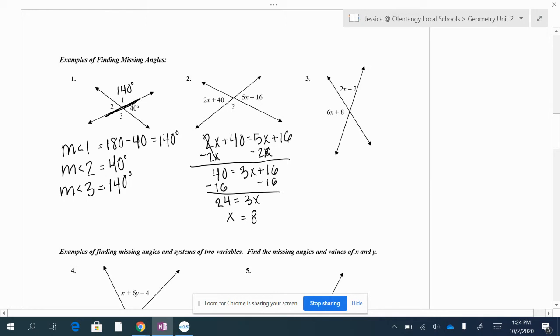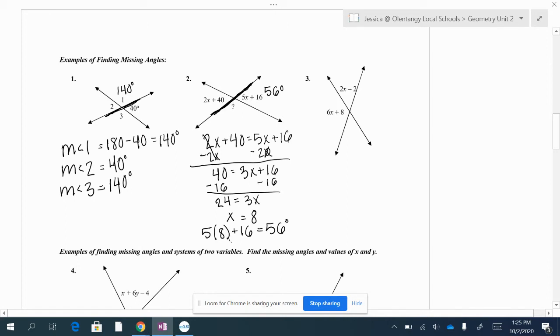Okay, but that's not what we're trying to solve. I'm trying to solve for my question mark. So I can plug x back into one of my angles. So 5 times 8 plus 16 is 56 degrees. So this angle right here is 56 degrees. And then once I find that angle, I can use my knowledge about linear pairs to solve for my question mark.